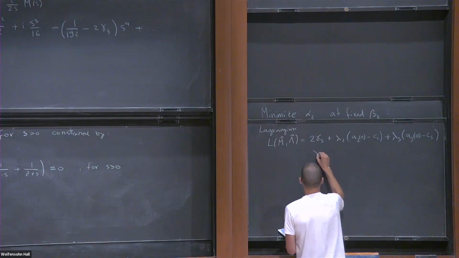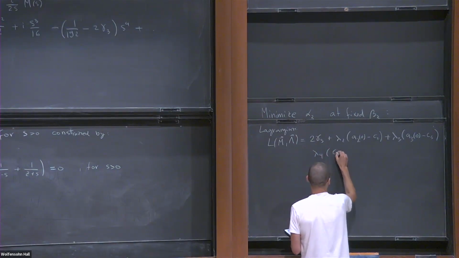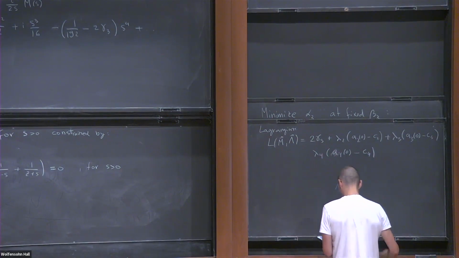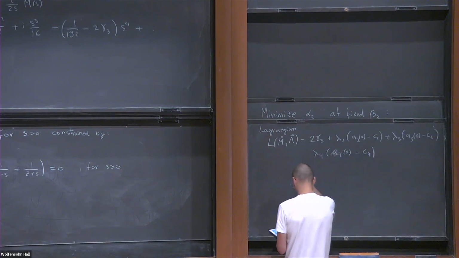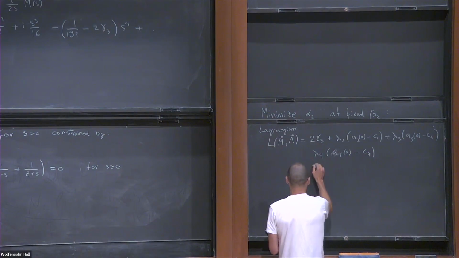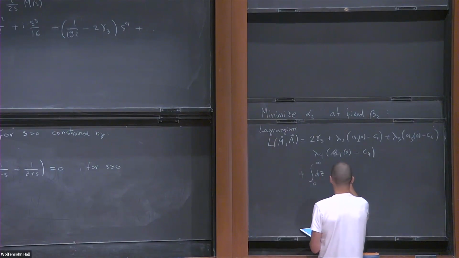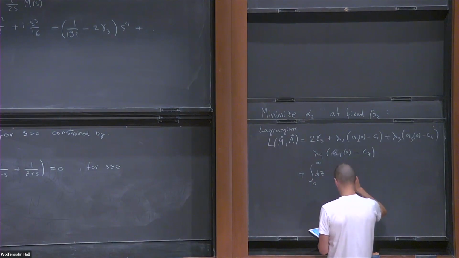So these are just the effective field theory constraints, V4 of 0 minus C4. And then there are the constraints from the dispersion relation. So that's an infinite set of constraints, one for every positive real number, let's say z, dispersion of z.